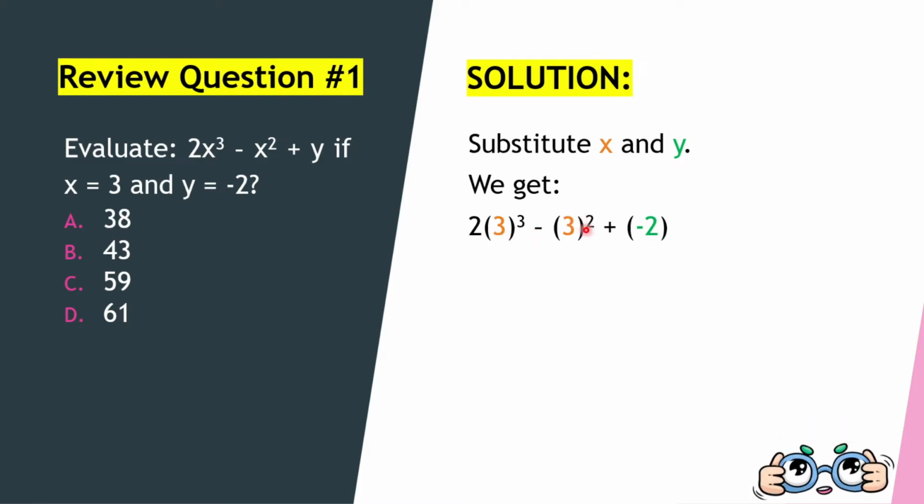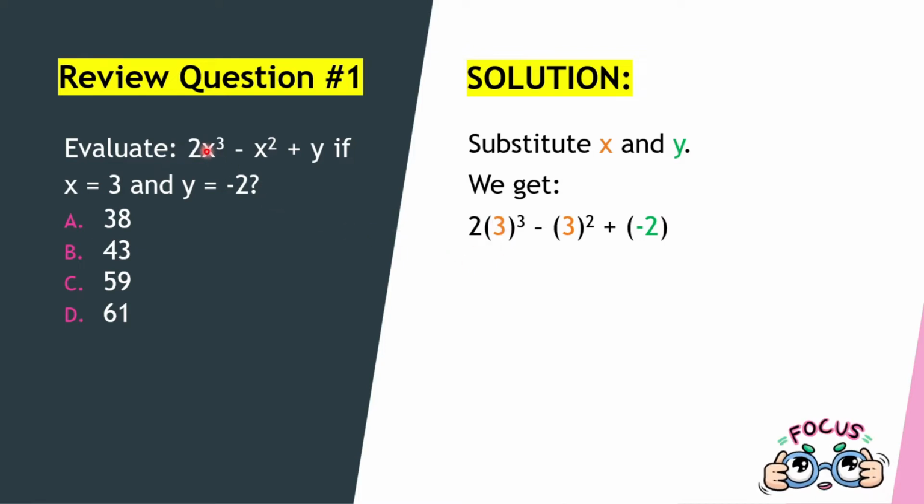Mas okay po yun, kasi minsan pag wala yan, baka malito ka, lalo na pag mayroong mga negative signs sa labas ng mga coefficients. So, mas maganda po na nilalagyan po natin siya ng parenthesis.